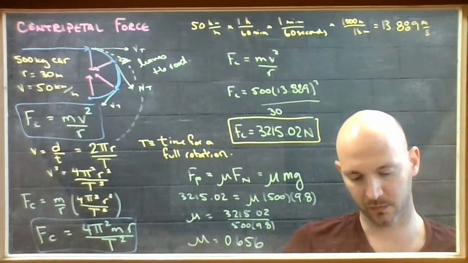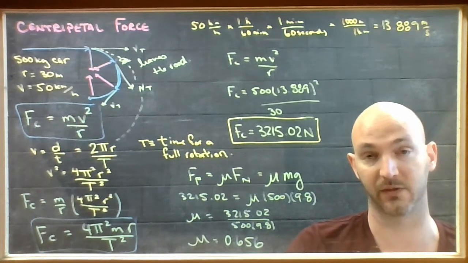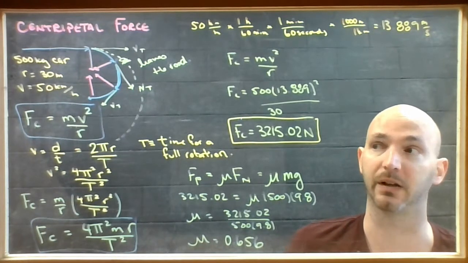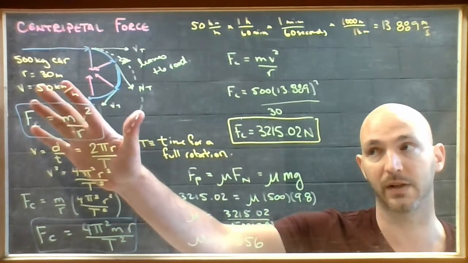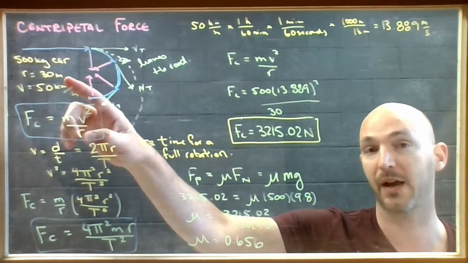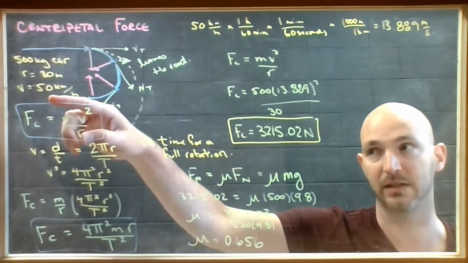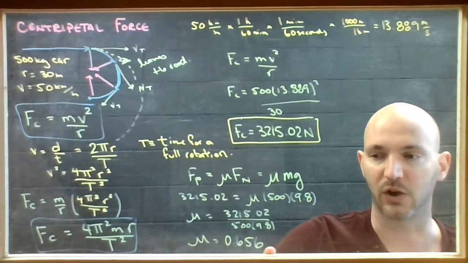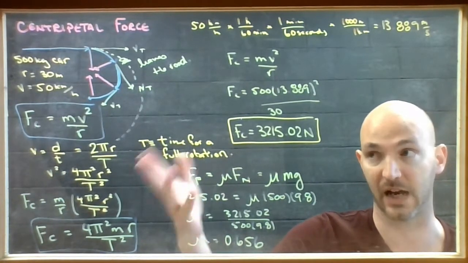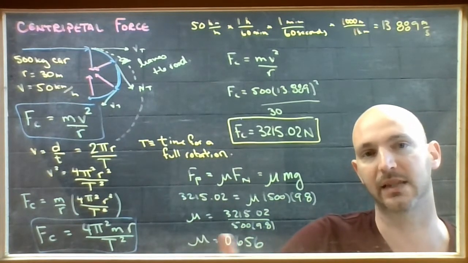So for those of you who are budding civil engineers, this is the kind of thing you're going to need to think about for the rest of your career. If you want to have an on-ramp or a curve in a road with that radius, and you want cars to be able to travel on it at that speed, then the coefficient of friction between tires and the road surface, so the asphalt or concrete or gravel or whatever you're going to use, has to be at least this.